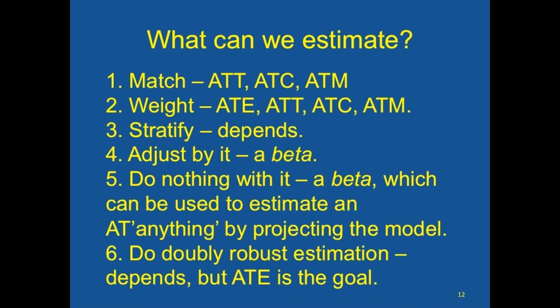So what can we estimate? When matching, it's rare that we would ever be estimating the ATE. Because whenever we're matching, we're doing something to shift the population set of covariates.